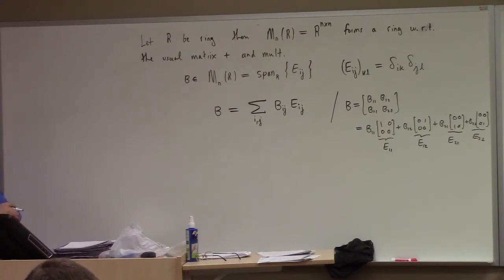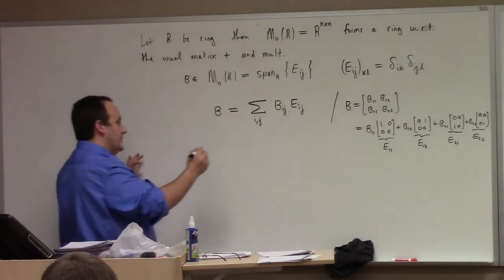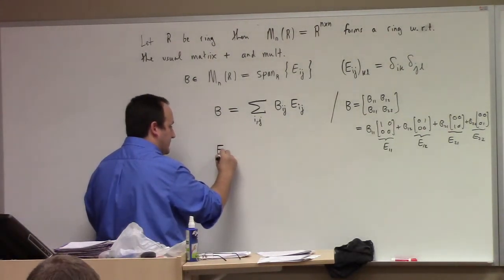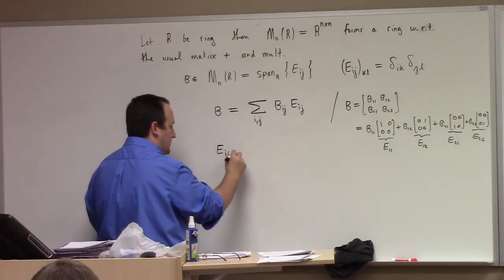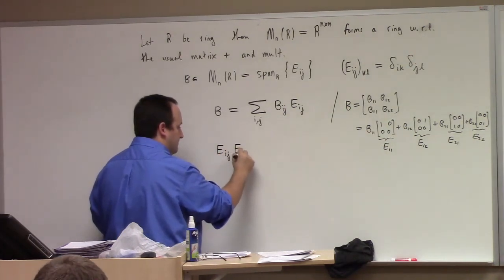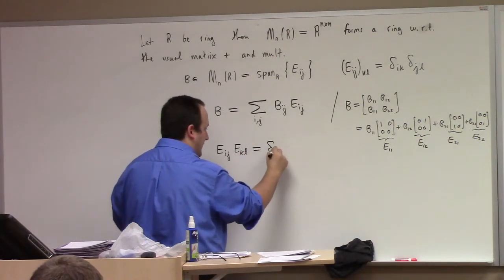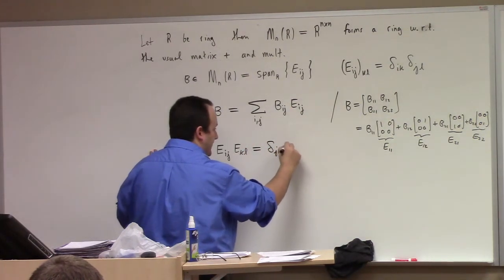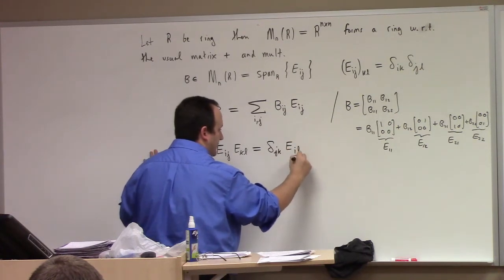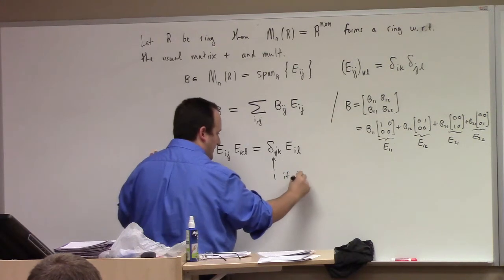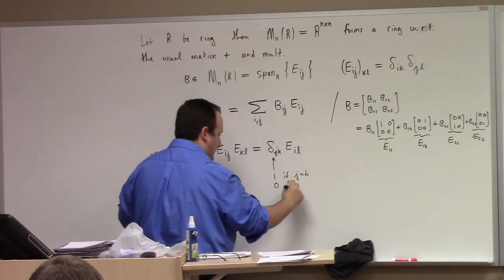All right, what else can you tell me about matrix units? Like, what is the calculational core? Here's one of them. If you take Eij and you multiply it by EKL, what you get is Kronecker delta JK, EIL. Now this Kronecker delta is 1 if j is equal to k, and 0 if j is not equal to k.